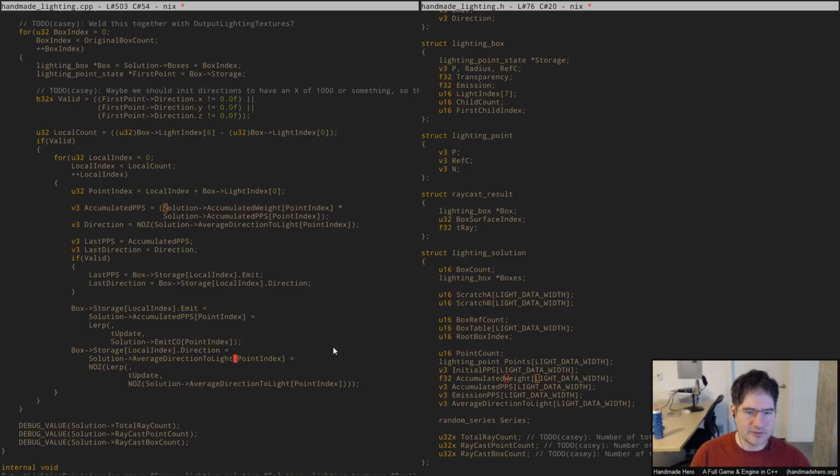Okay, so the average direction to light and the local index direction that we're writing back, this one's going to normalize just the lerp between the old direction and the new direction.